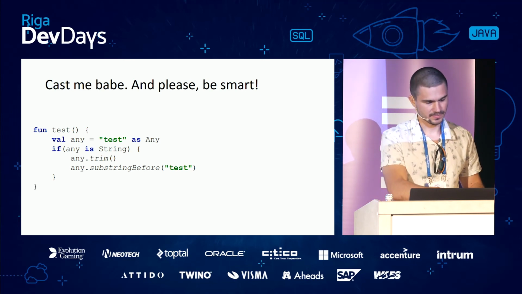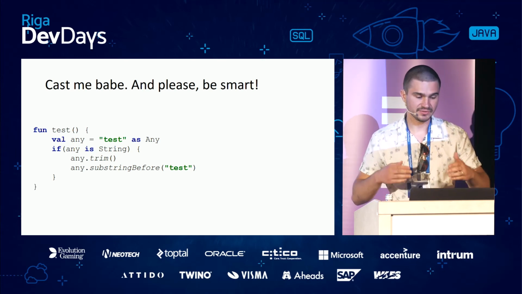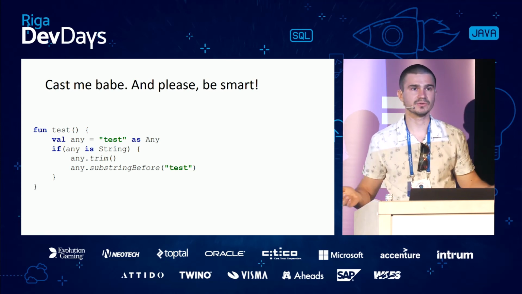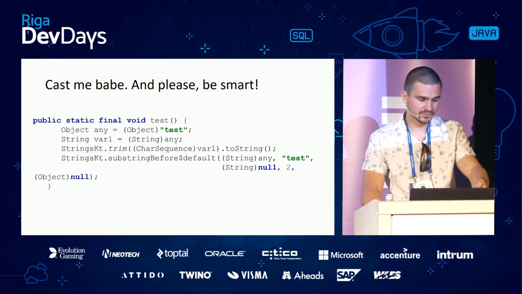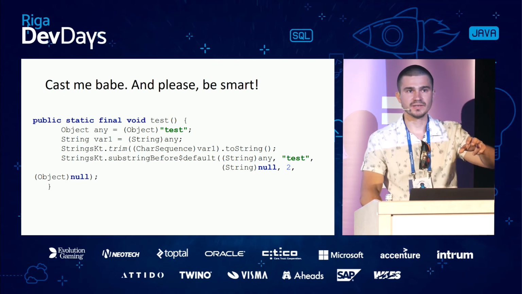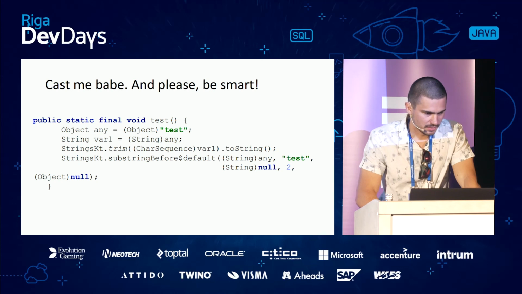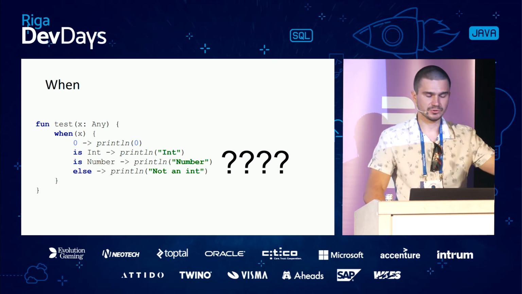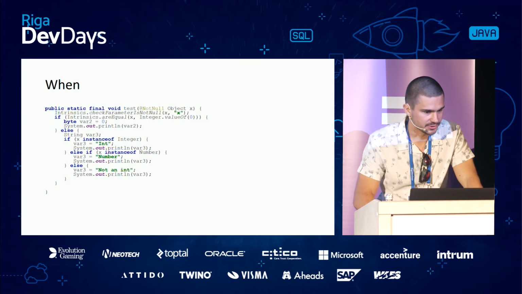So for example, we have an actual Any type, we check if it's a string, and if it's actually a string, we go into this block, and after this we can use all of the methods defined in String. So it's cool. In Java, it will look in such a way: you have to do casts each time you want to do a specific operation. Also, interesting thing, you can check not only values but types also. If you have worked with Scala, you will find nothing new here.